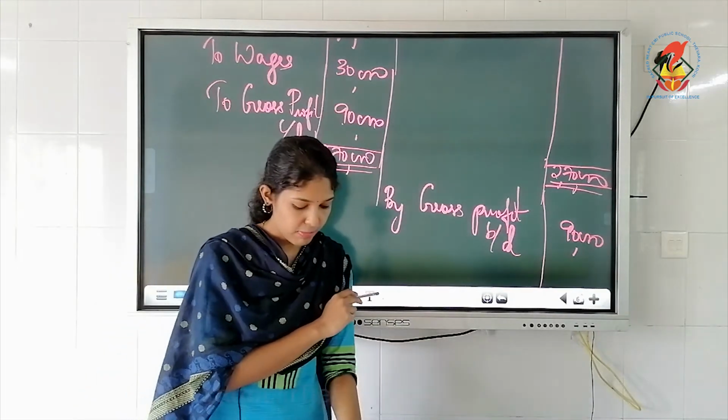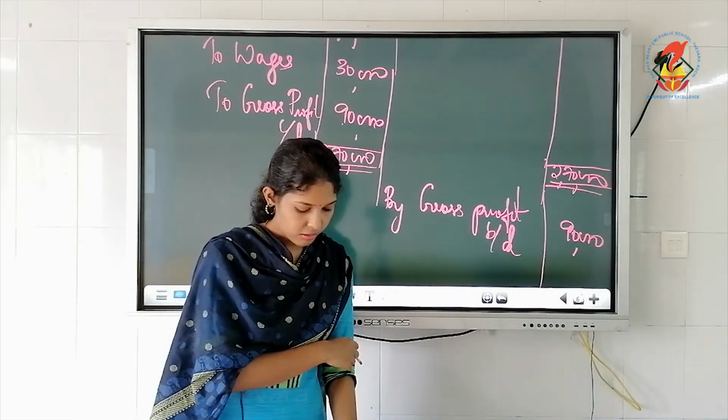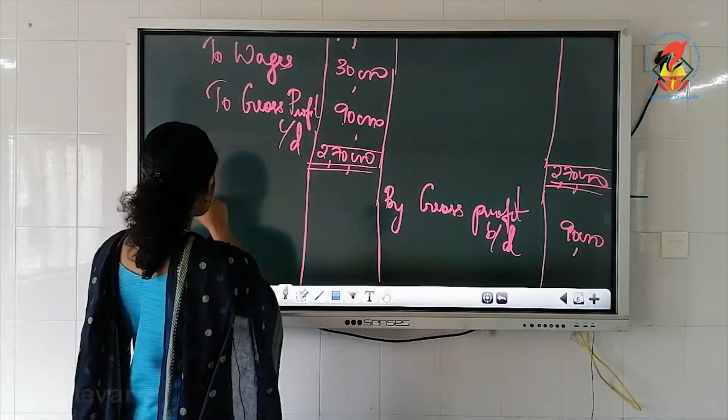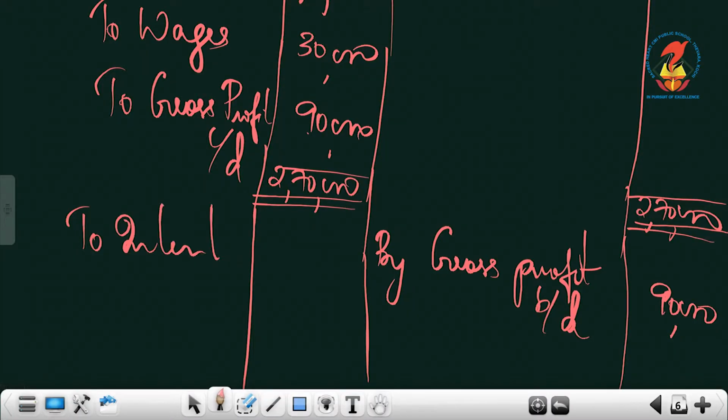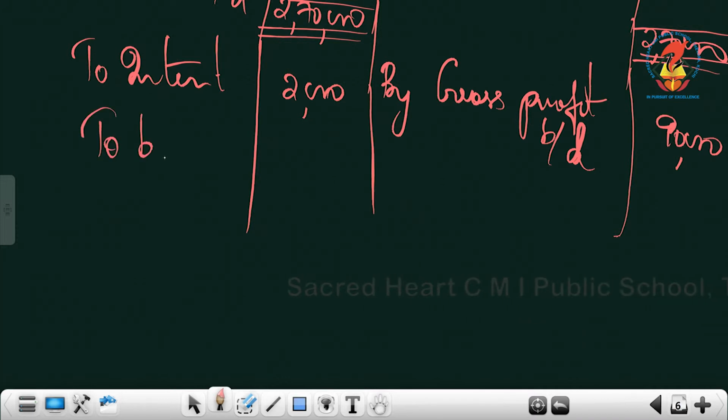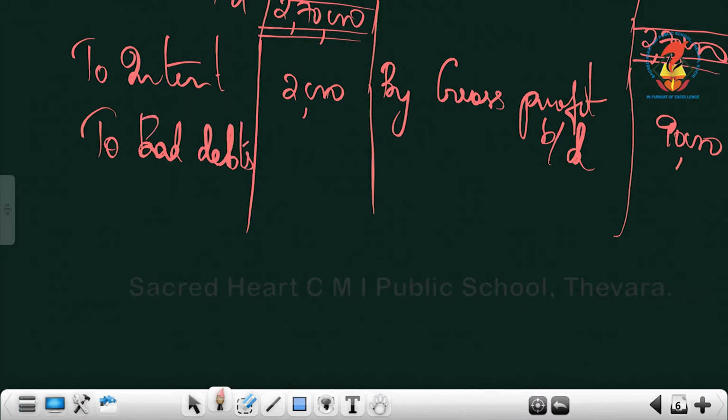So look into the debit balances given. Interest, that's the first item you have to write because all the other items are assets. So to interest, that's a paid amount you are writing, the debit balance amount; the other is received. This is 2,000. Then to bad debts, you have to move in that order which is given in the question, or else you will miss out items.